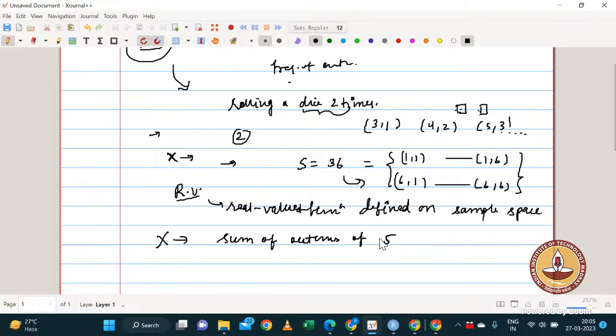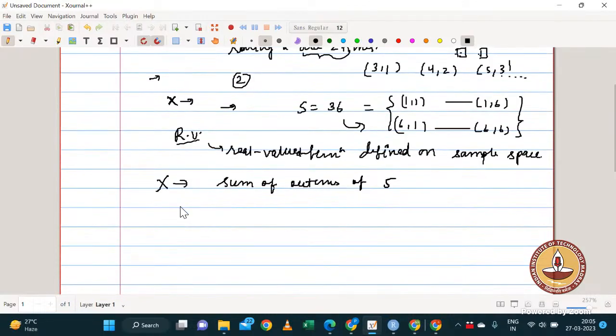What values should x take here? 1 and 4, 4 and 1, 2 and 3, 3 and 2. Similarly, you can define your random variable.